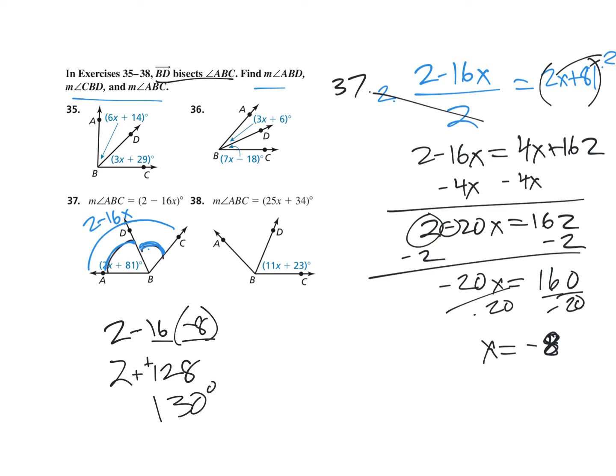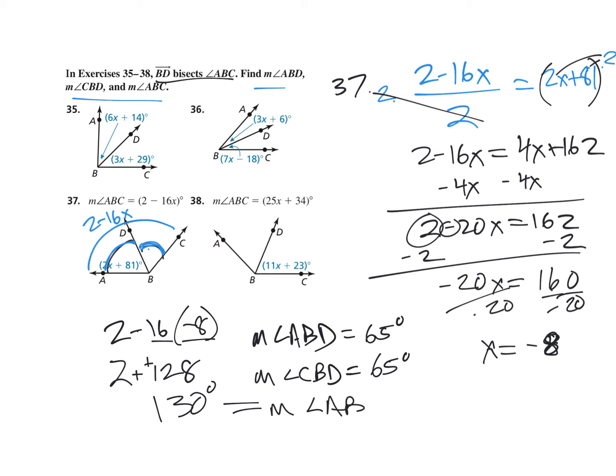So the measure of angle ABD is half of that. That's one of the half angles, so that's 65 degrees. And the measure of angle CBD is the other one, and they're the same. It's a bisector. And the whole thing we just mentioned is the measure of angle ABC. Do one little thing at a time, and everything will work itself out.